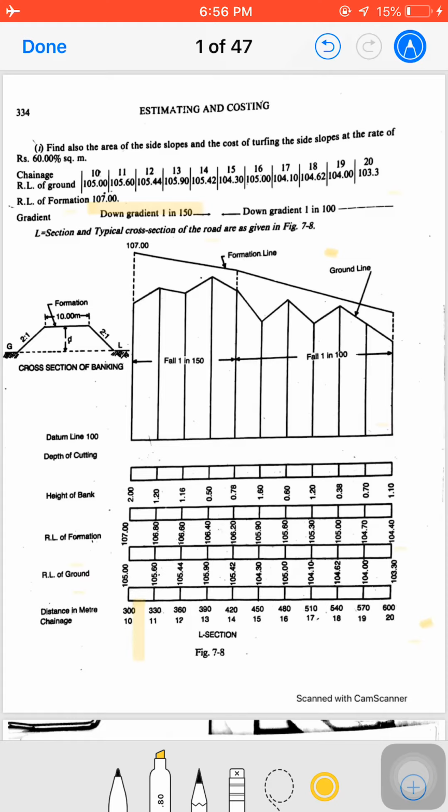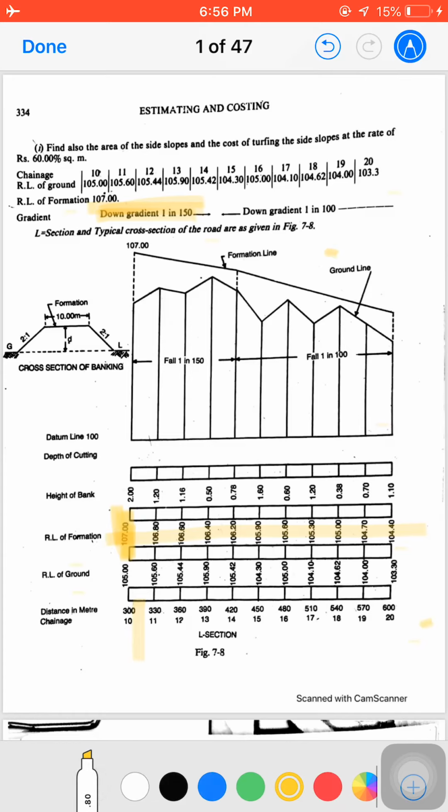So we get 0.2 meter drop. If it is an upward gradient, it will be a rise, or if it is a downward gradient, it will be a drop. So you have to go on subtracting 0.2 meter from the first formation, and you get the RL of formation.